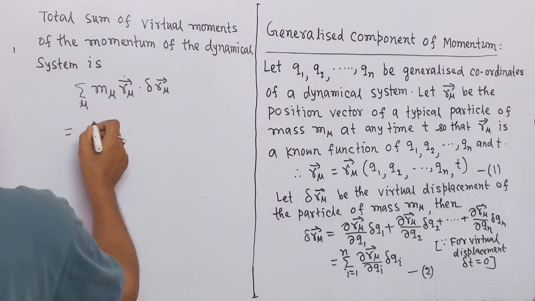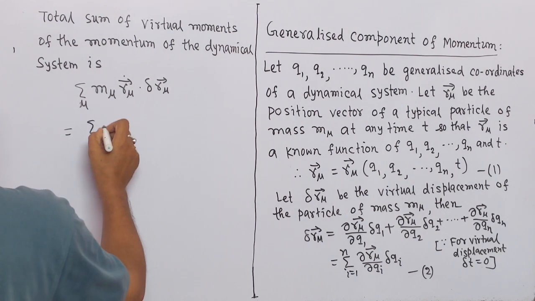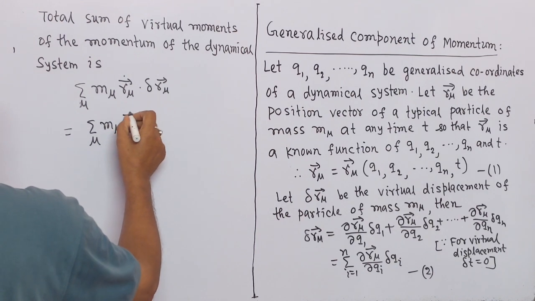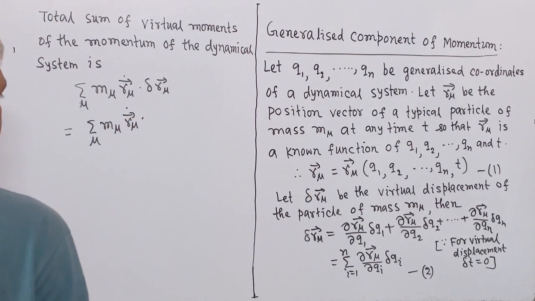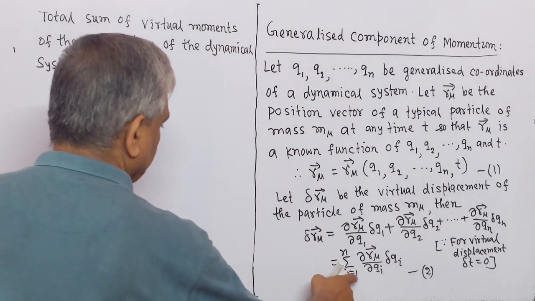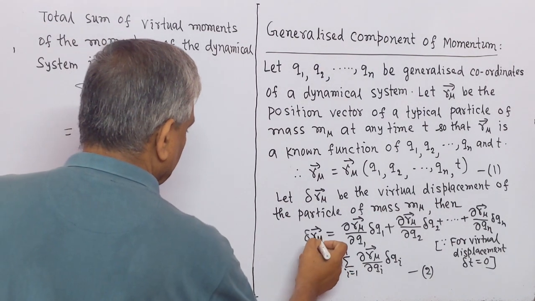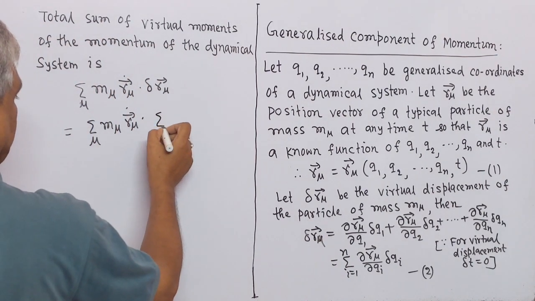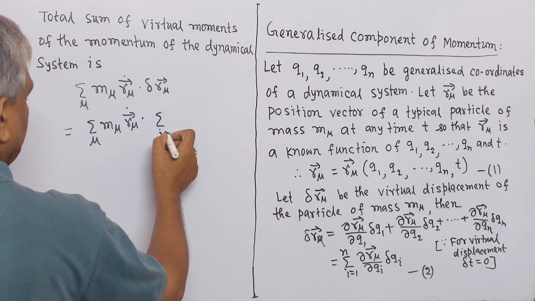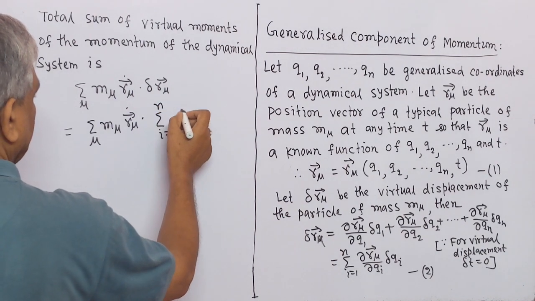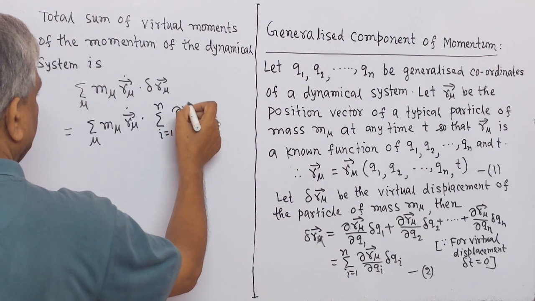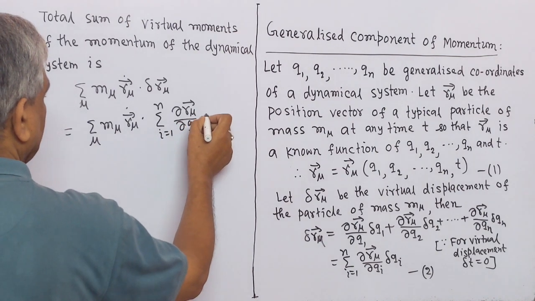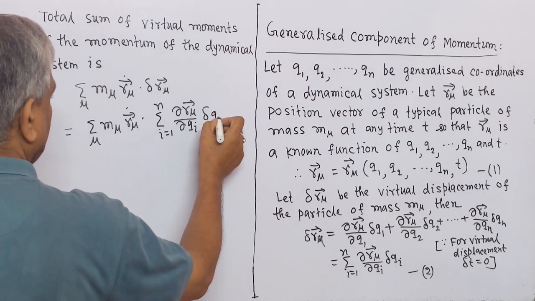This equals sigma over mu of m_mu r_mu dot, where the value of delta r_mu is sigma i equals 1 to n of the partial derivative of r_mu with respect to qi times delta qi.